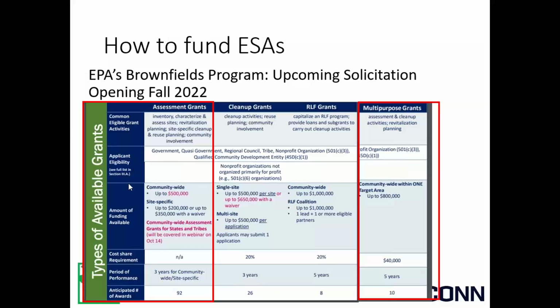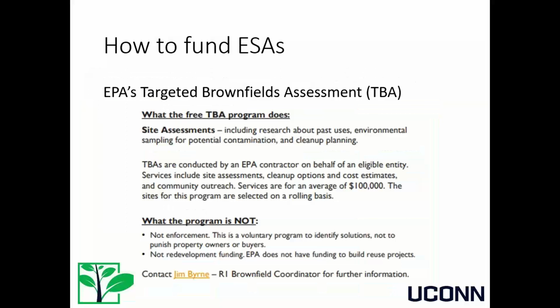In terms of other funding sources for assessments, the TBA program, the Targeted Brownfield Assessment Program, is a program that EPA Region 1 has and essentially provides site assessments for sites.